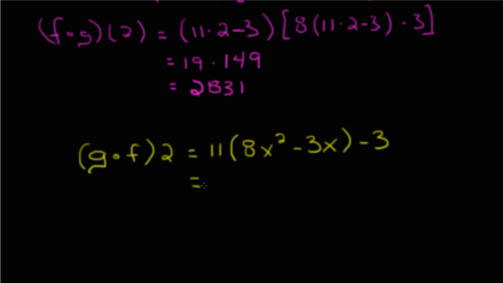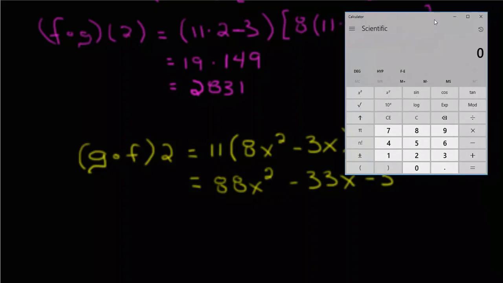So if we were to multiply that out, we would get 88x squared minus 33x minus 3. And if we were to evaluate that, I'll just bring this over here so we're not working in complete darkness. 2 squared is 4, so 4 times 88 equals 352. 33 times 2 is 66, so minus 66, and then minus 3 is 283.